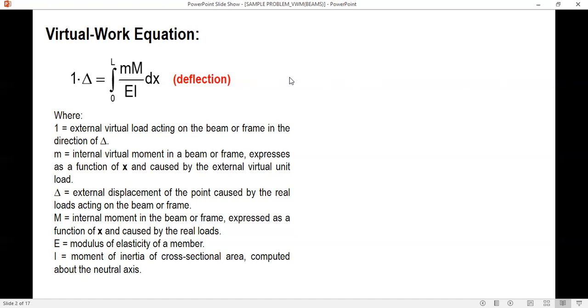For the other displacement, this one is for rotation. Delta is displacement or translation. This could be horizontal displacement, vertical displacement, or rotational displacement, rotation, slope.